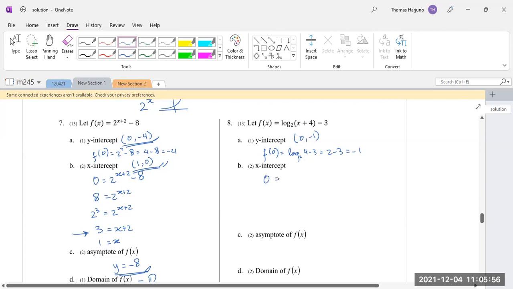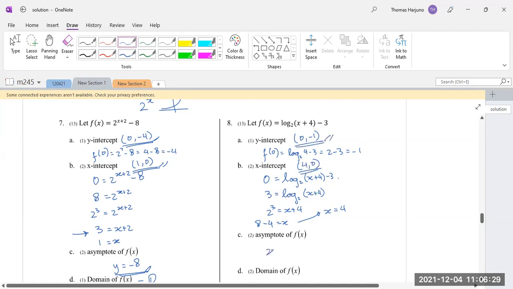For the x-intercept, set the function equal to 0. So 3 equals log base 2 of (x plus 4). Change it into exponential form: 8 minus 4 is x. So x equals 4, and the x-intercept is (4, 0).